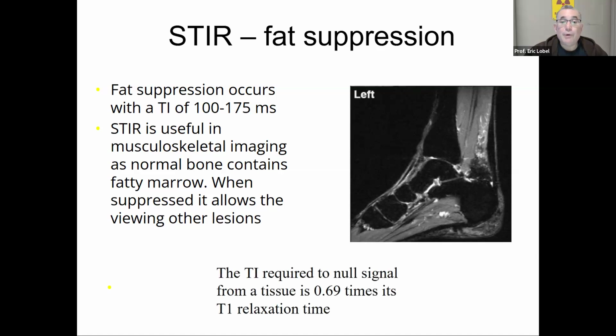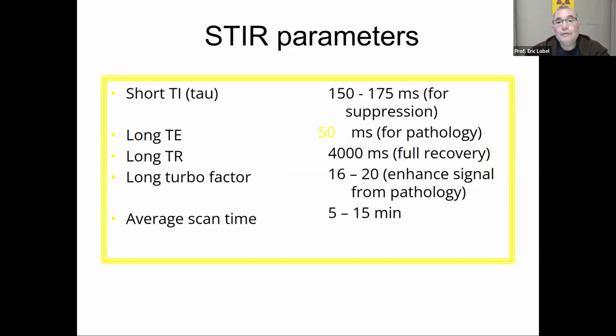Right. So the TI required to null signal from a tissue, as I've mentioned, but now it's in writing, so you can't say you never saw it, is 0.69 times the T1 relaxation time. So there are some general parameters that you can look at, but this is the stuff that you want to write down and start bringing to clinic and seeing if it actually makes any sense, right?